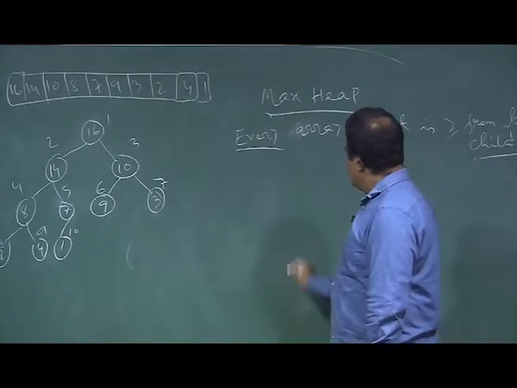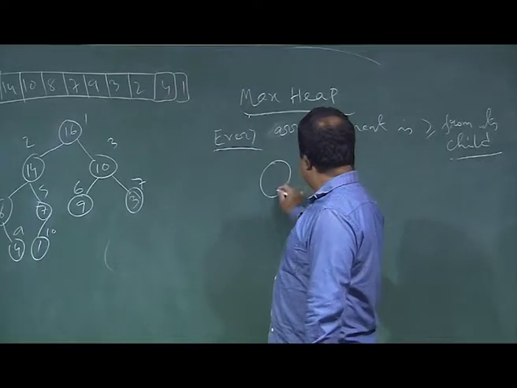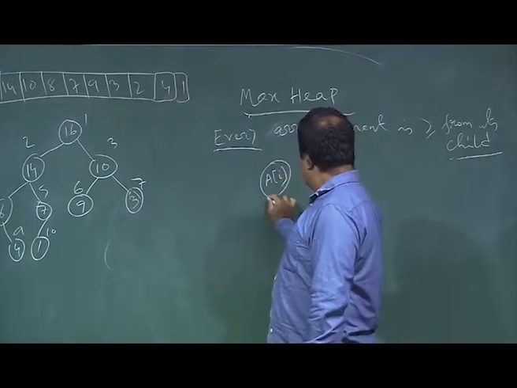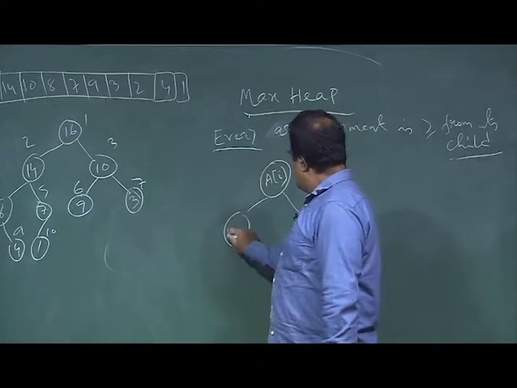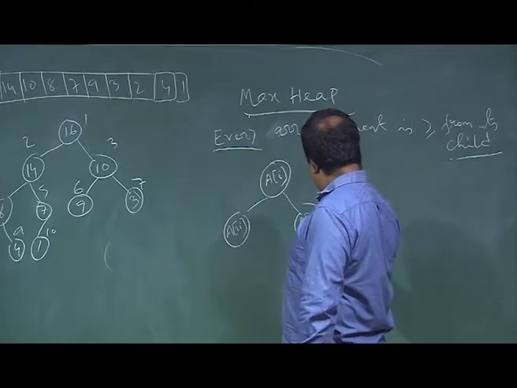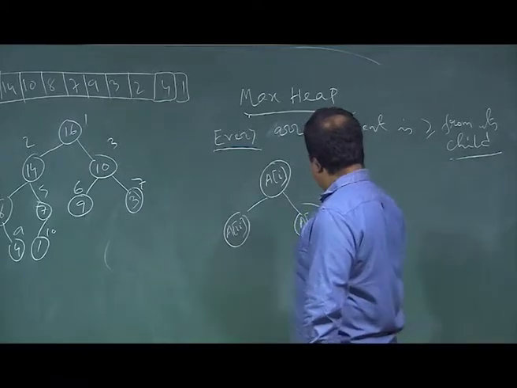So, if this is a_i, the ith element, then the children are a_2i and a_2i plus 1.